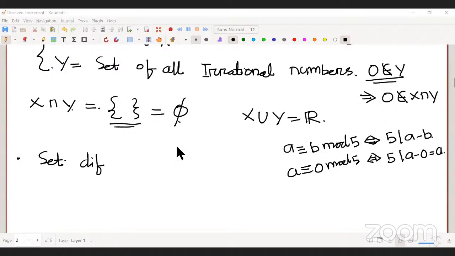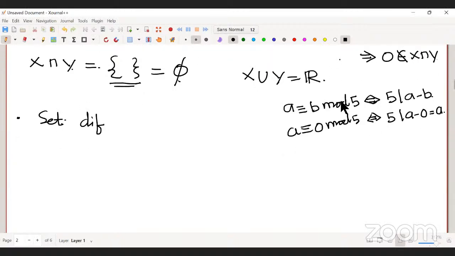Okay, so next is set difference, or you can use another terminology, set subtraction.